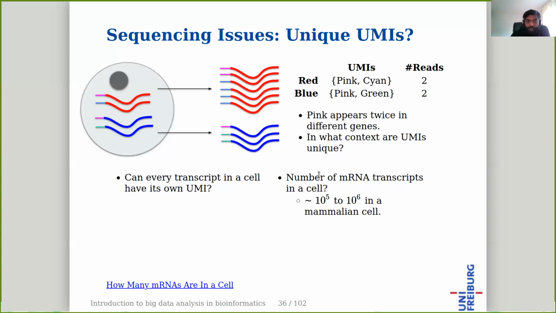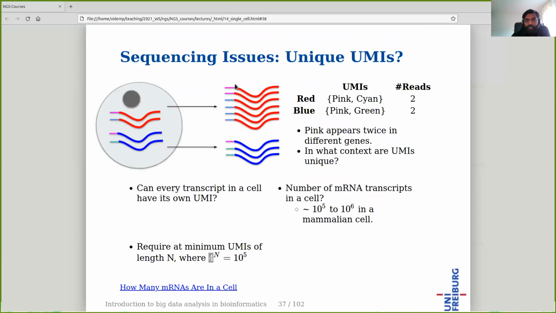So this means we need at least a UMI of length n, where 4 to the power n equals the number of mRNA transcripts that we expect in the cell. That is 4 to the power n, because we have 4 different nucleotides to choose from: A, C, G, and T.